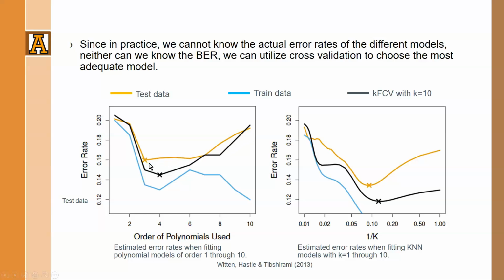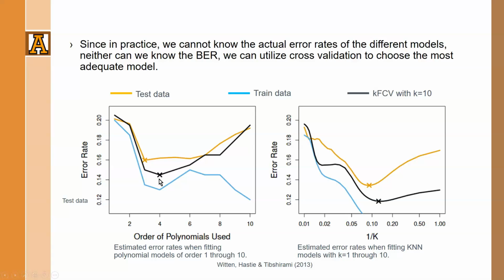You can see what happens here with the order of polynomial used, and this is the k-nearest neighbor, graphed versus 1 over K. You can see in both cases that if we determine the degree of the polynomial with k-fold cross-validation, we end up very close to the true value.